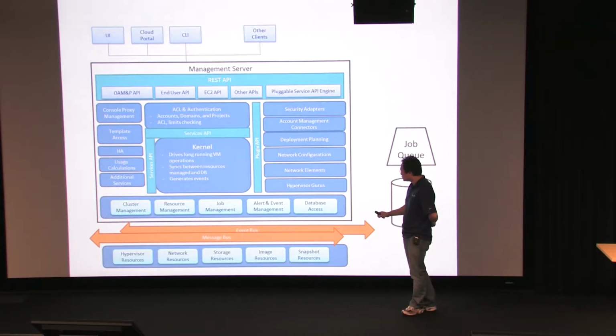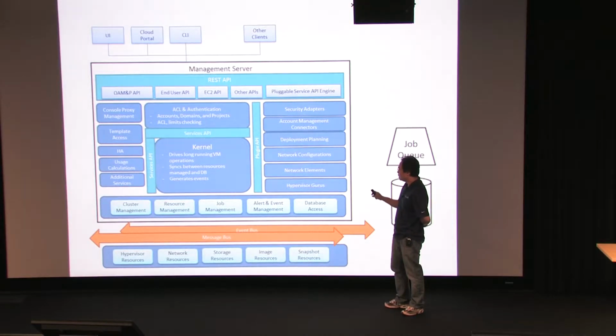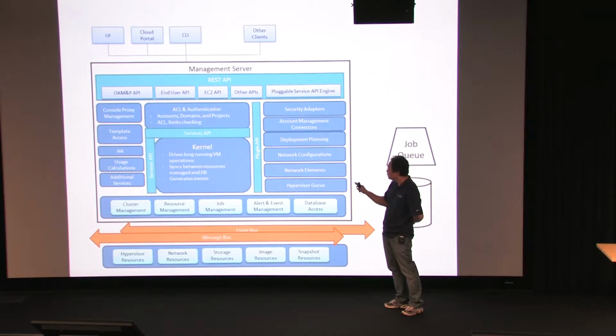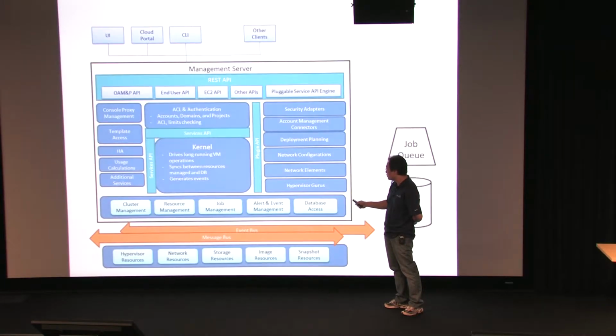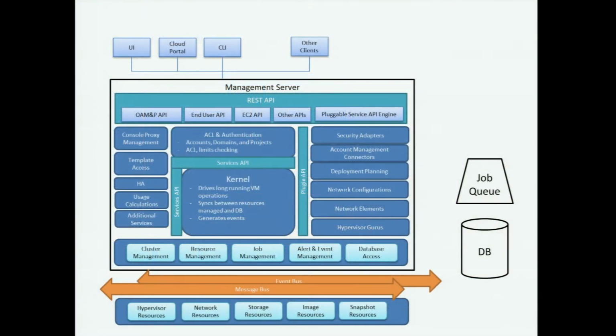To talk to the resources, the management server always goes through, in the original version, our agent manager. Here, what we're trying to convey is that the agent manager's communication mechanism can be a message bus. And it is today.